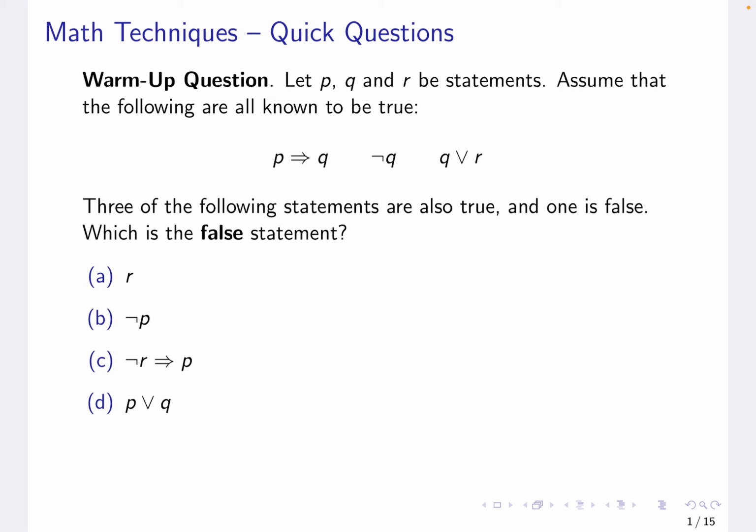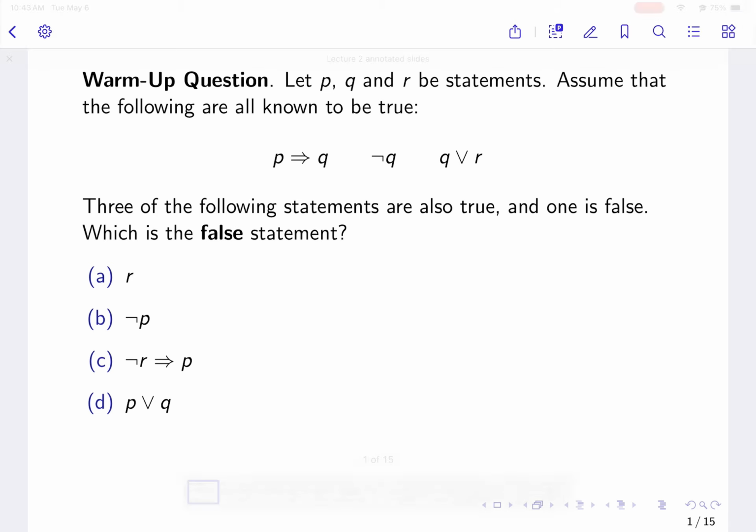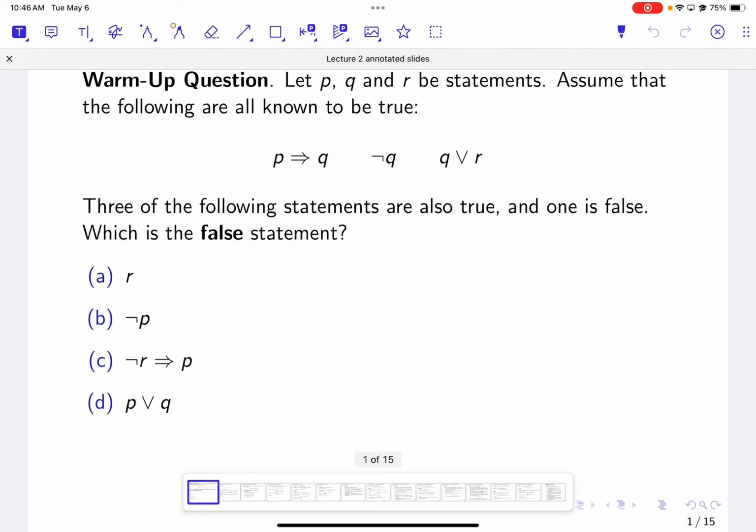So this example is sort of a review of mathematical logic. We have statements P, Q, and R, and a few assumptions that we've made. P implies Q. So if P, then Q. Not Q, so Q is false.